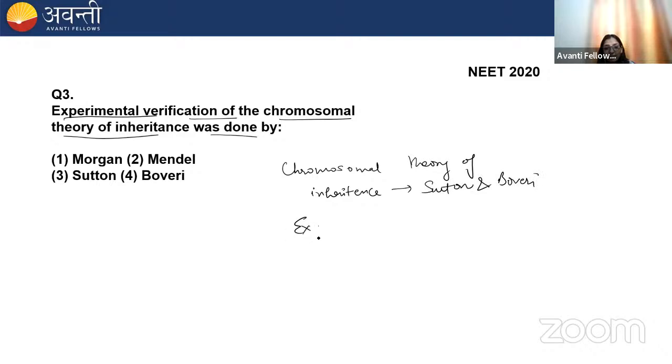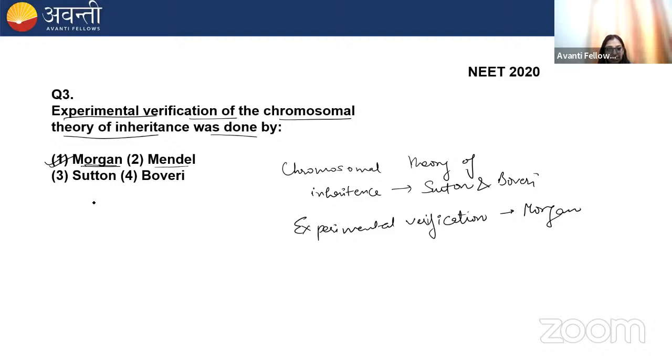But the experimental verification is done by Morgan. Remember this. So the correct option is 1, Morgan.